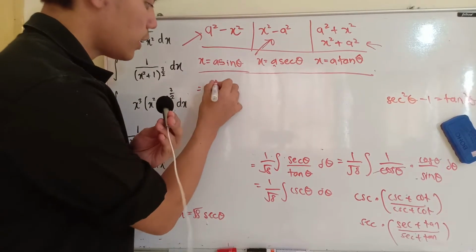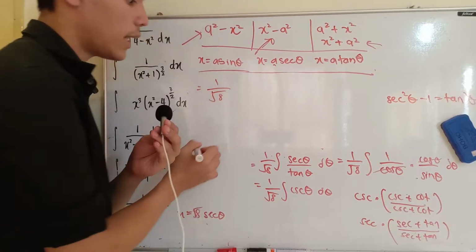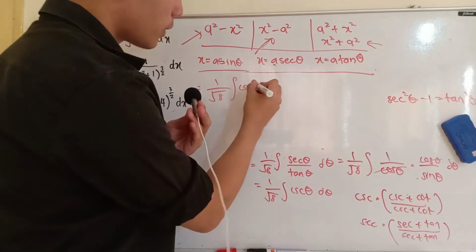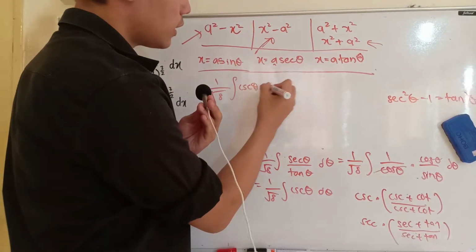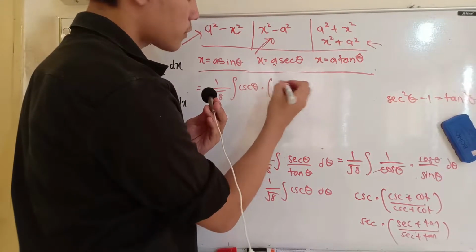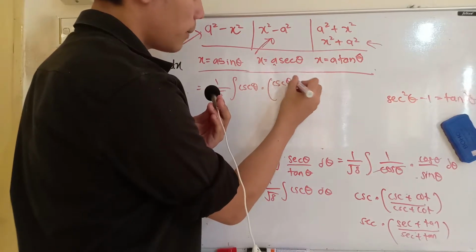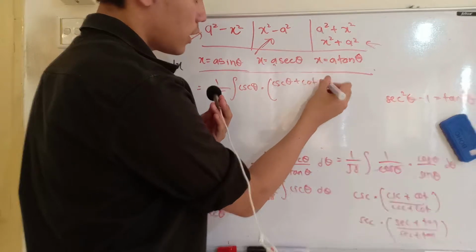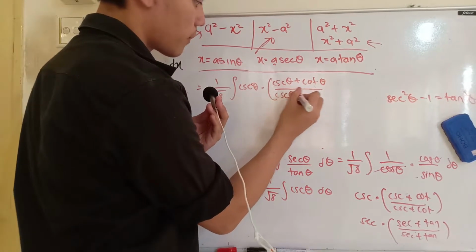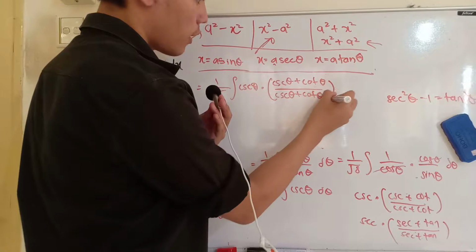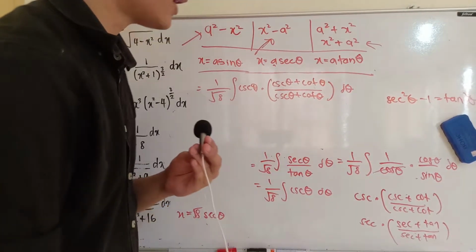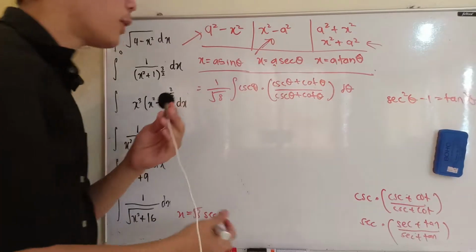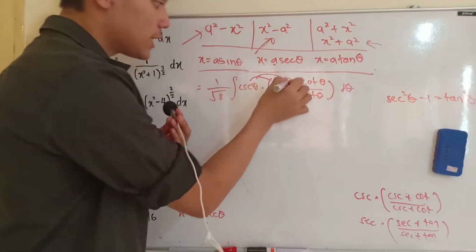So we're going to get here 1 over 8. Your cosecant right now, you need to multiply by cosecant theta plus cotangent theta over the same thing, d theta. So this is what we're going to have. After that, you're going to expand it.